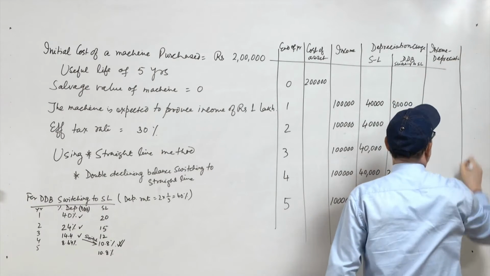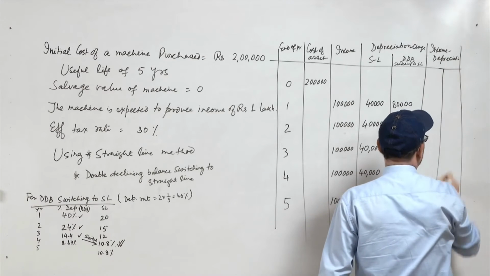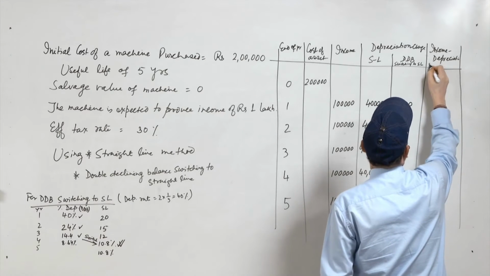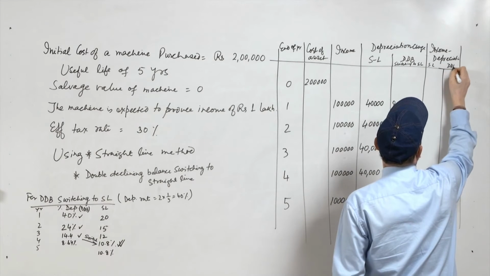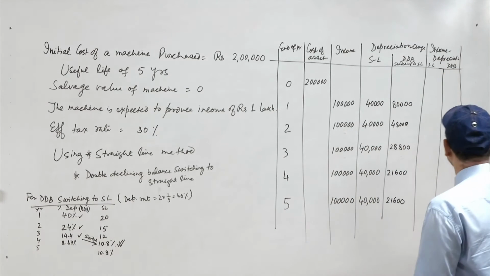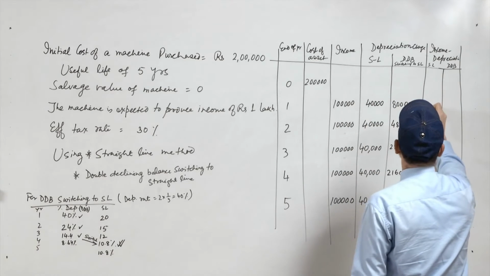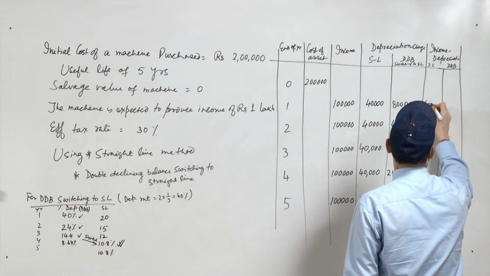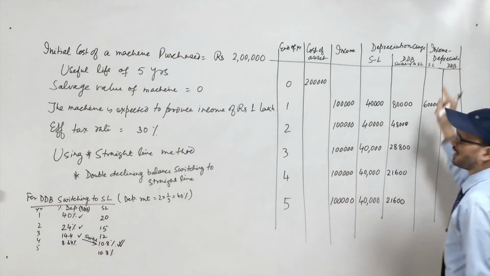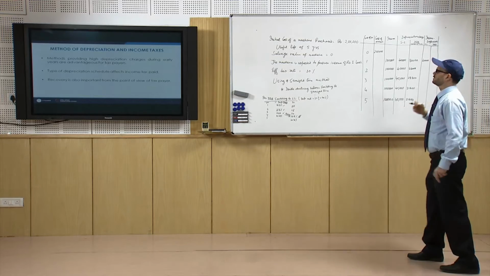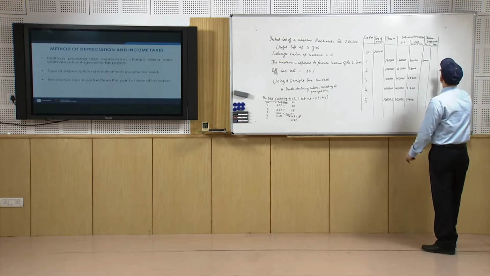So, the value using SL and using DDB switching to straight line. Now, in this case, using the straight line, this comes out to be 60,000. This is income minus depreciation, that is your taxable income basically.